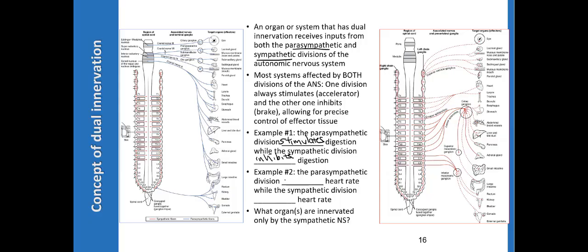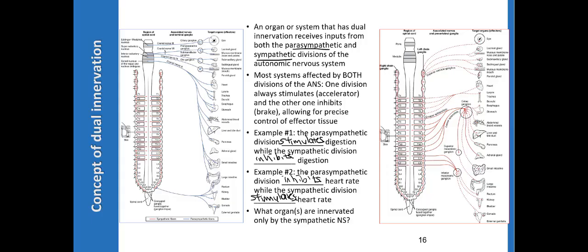In terms of heart rate, the parasympathetic nervous system inhibits heart rate, so slows down heart rate, whereas the sympathetic division stimulates or increases heart rate, right? So you can see over here that one division speeds up, the other one inhibits, right? And depending on the tissue, the parasympathetic is either the inhibitory one or the stimulatory one, or vice versa.